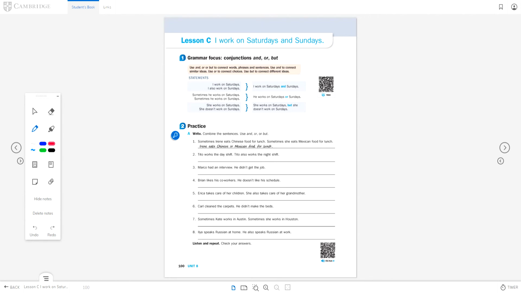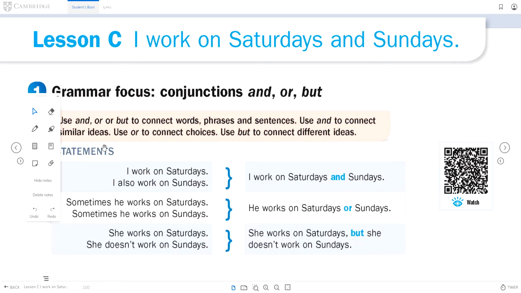Today we're going to talk about the conjunctions and, or, and but. Let's take a look here.